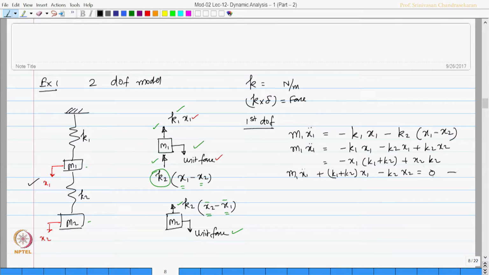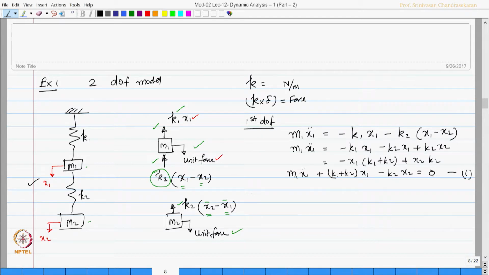That is my first equation of motion. How can I say it is the first equation of motion? Because in the first equation of motion the coordinates are x1 and x2, they are connecting, because I have applied unit force which is having acceleration in the first degree of freedom.